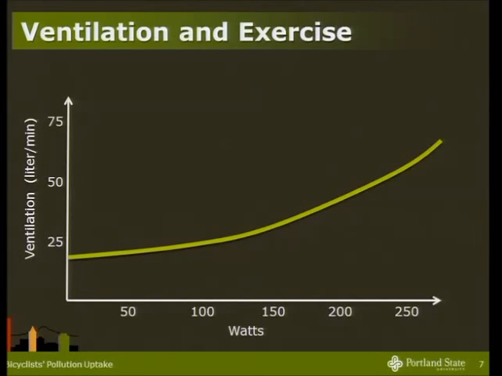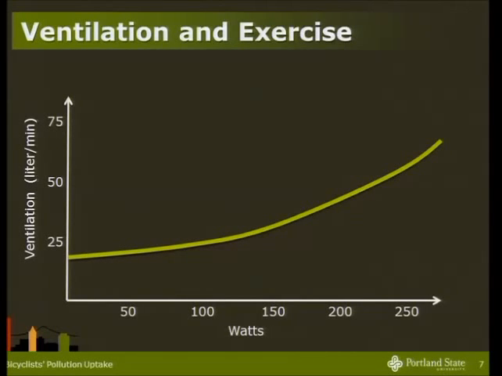And so this is a representative sketch of how ventilation, in terms of volume per unit time, or liters per minute, is related to power output. So the amount of energy you're putting into bicycling, for example. The harder you're working, the more you're breathing.